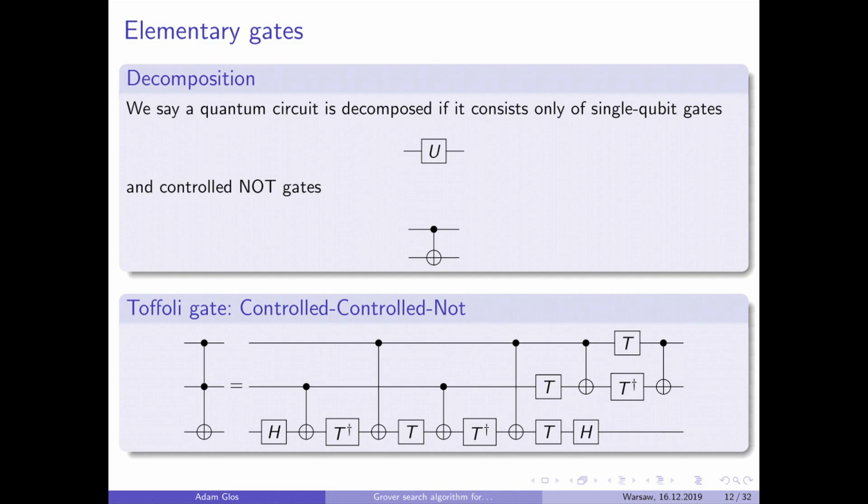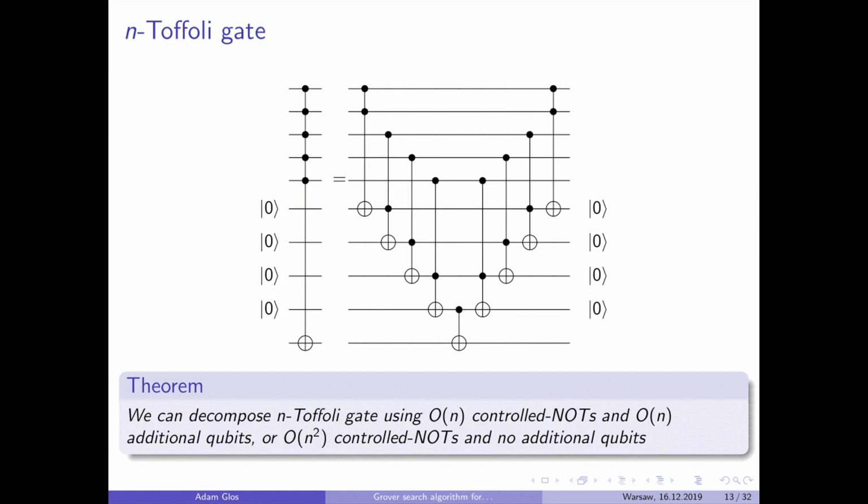In fact, this is a very important gate. I will need for a moment a generalized n-Toffoli gate, where the control is on n qubits, and we have a single target qubit, let's say the last one. It is not actually that trivial how to decompose it. There are several possible decompositions depending on whether we have additional qubits or not.